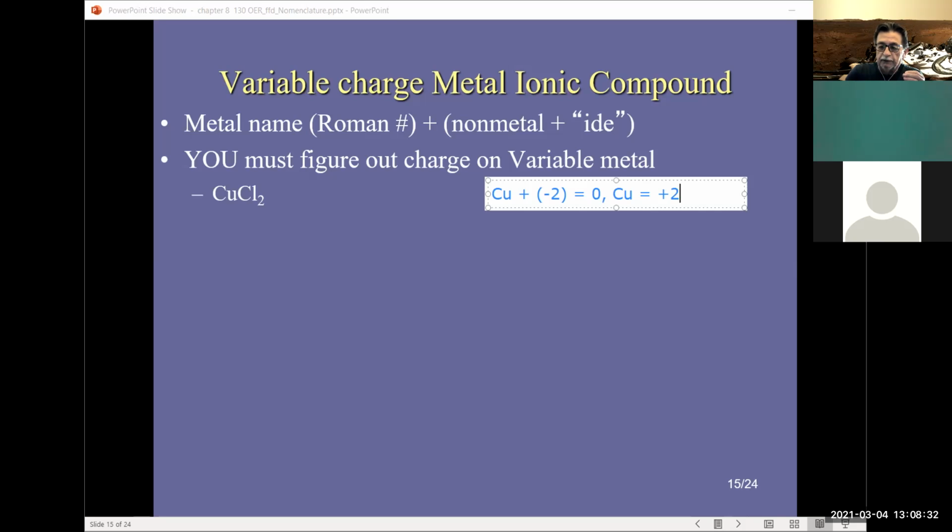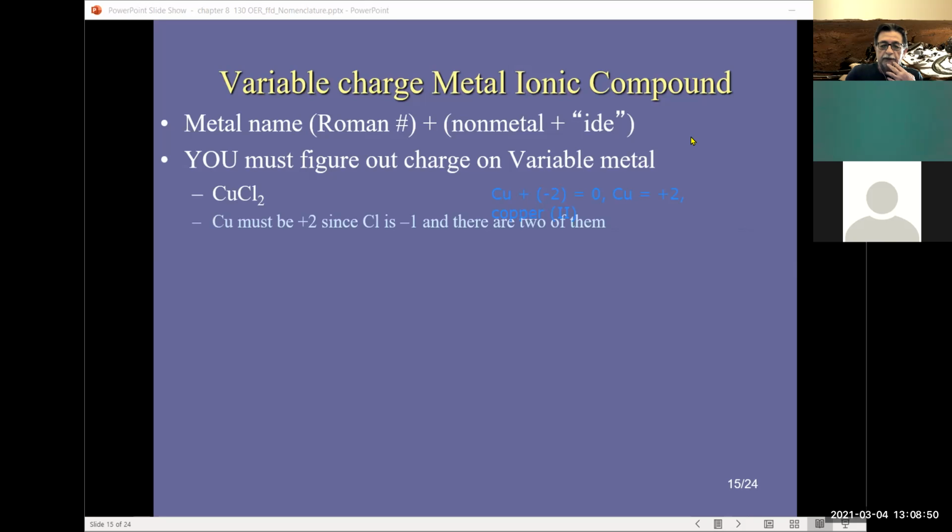Because we want them to be equal to 0, that infers that copper must be in the +2 state, and we use a Roman numeral 2 to name it. And that is the name of it, copper 2 chloride.